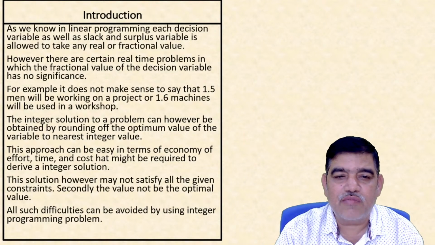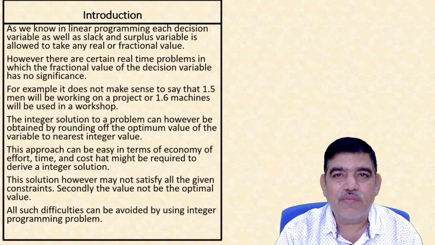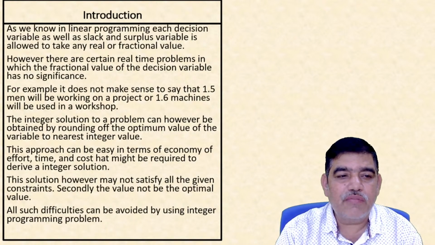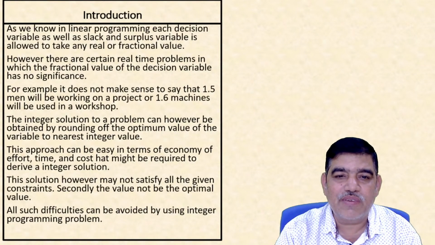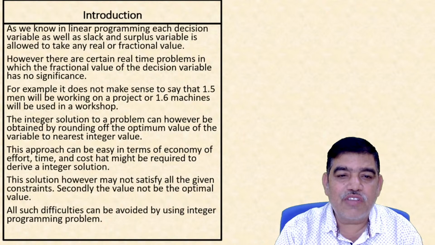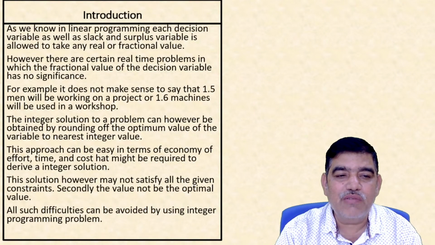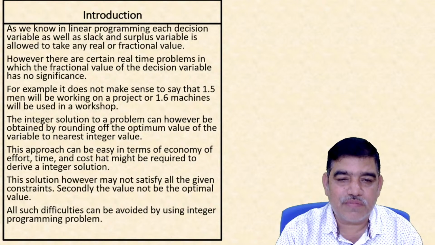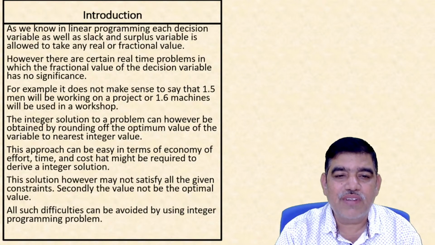Let us consider one example. Suppose I am told that 1.5 men will be working on a project. It is possible to say 1.5, but 1.5 labor or 2.5 labor has no significance. Or 1.6 machines will be used in a workshop to do a job. That is also not significant.